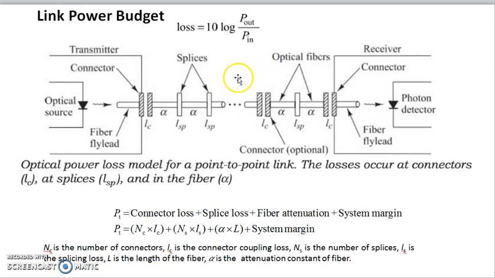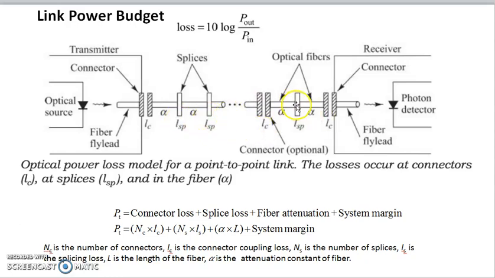That loss depends upon the total link length. So that's why we consider attenuation. For fiber attenuation, we consider the total length of a given fiber there. Then a connector at the transmitter, and a connector at the detector. So that's why connector loss.